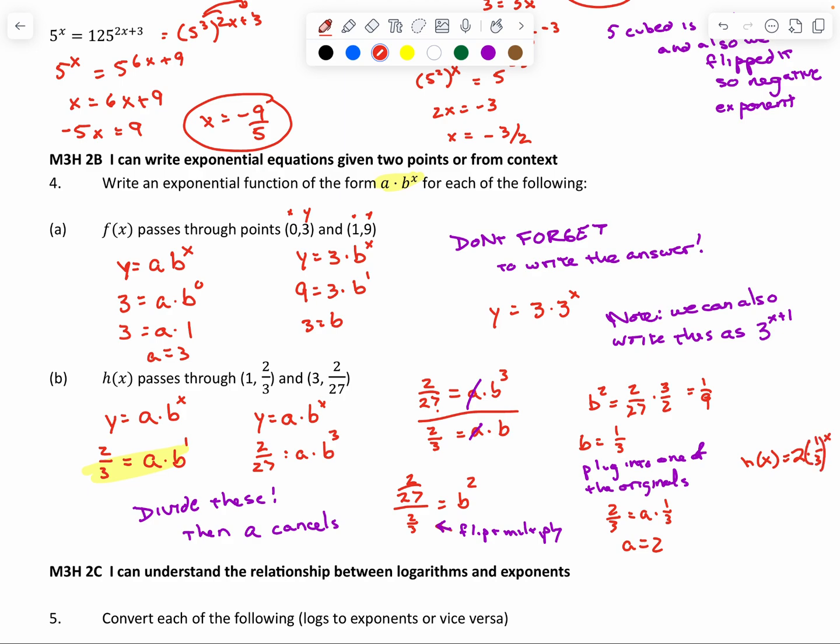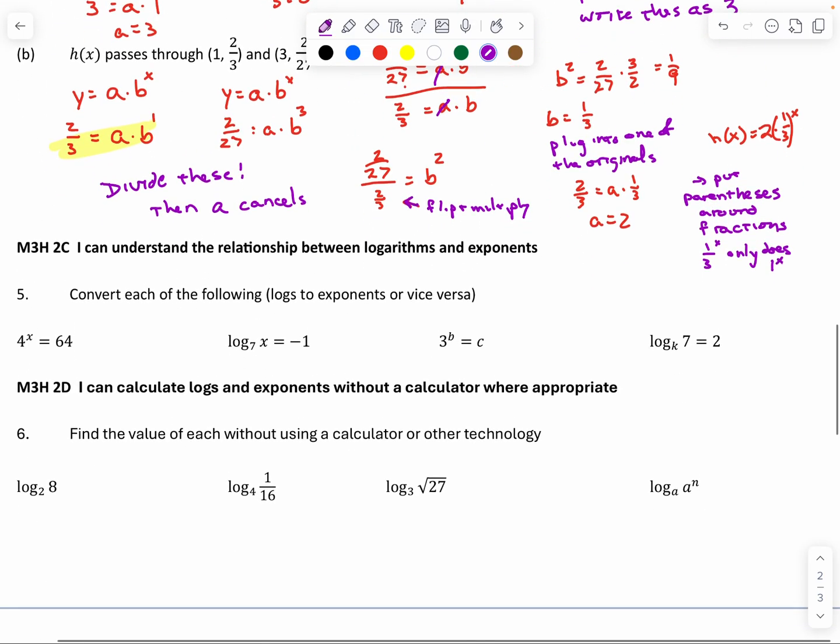You need to put parentheses. I know it didn't let me write the whole word. Let me rewrite that. If you don't put parentheses, only the numerator gets the x power, and that's not what we wanted.